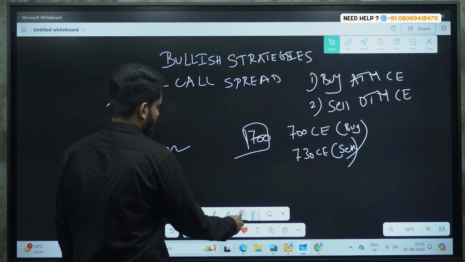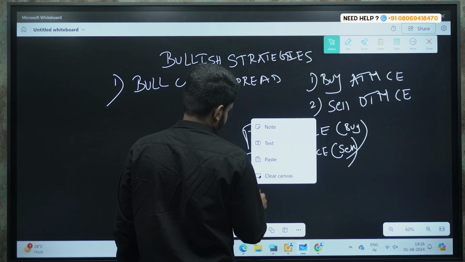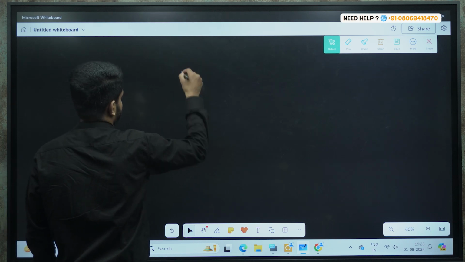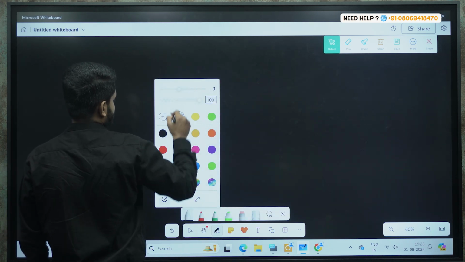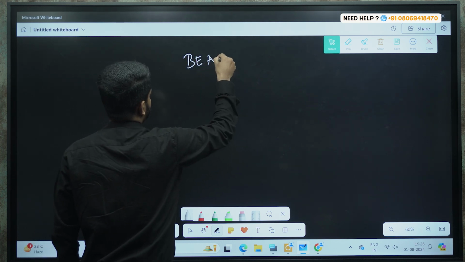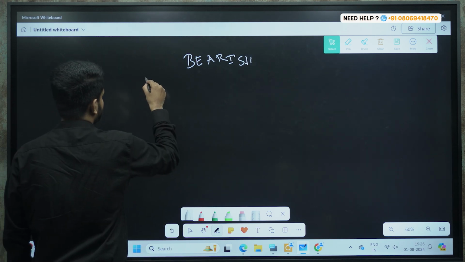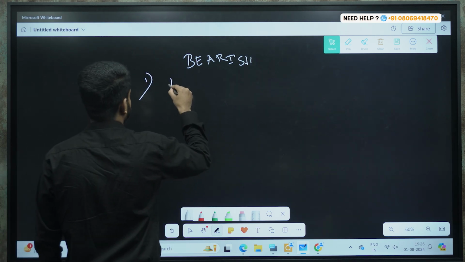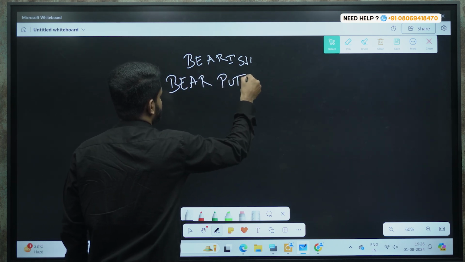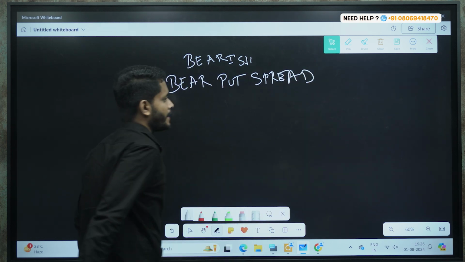Now say if you are bearish on a particular stock, then you can go with bear put spread.